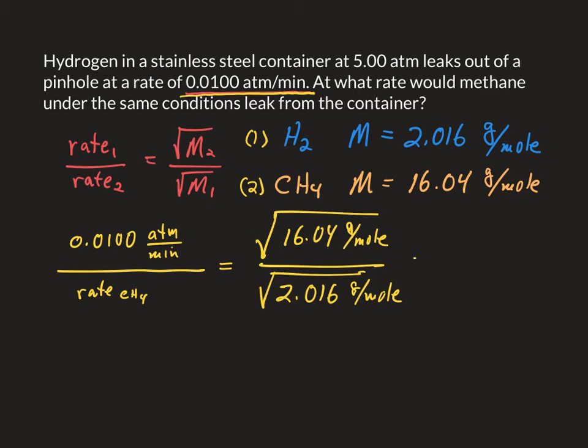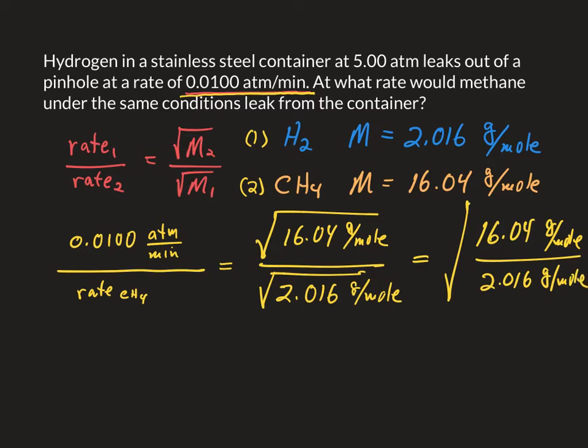But we know that mathematically those can be combined into 16.04 grams per mole divided by 2.016 grams per mole with the square root of the whole fraction, which is equal to the square root of 7.95, and I'm going to add some extra figures beyond what's significant.